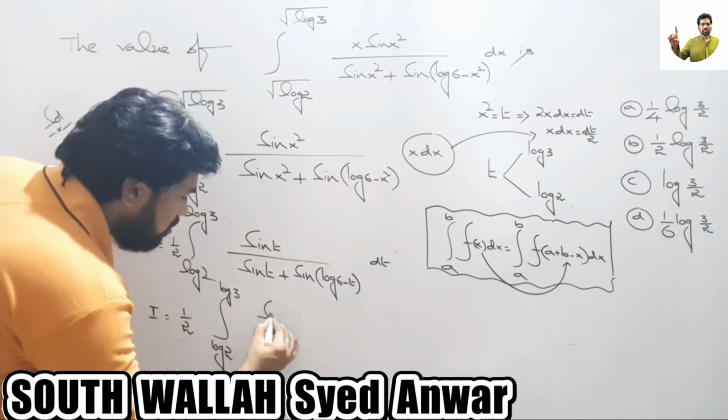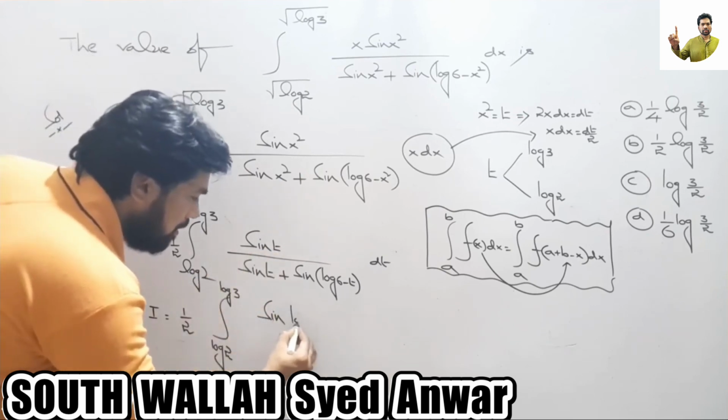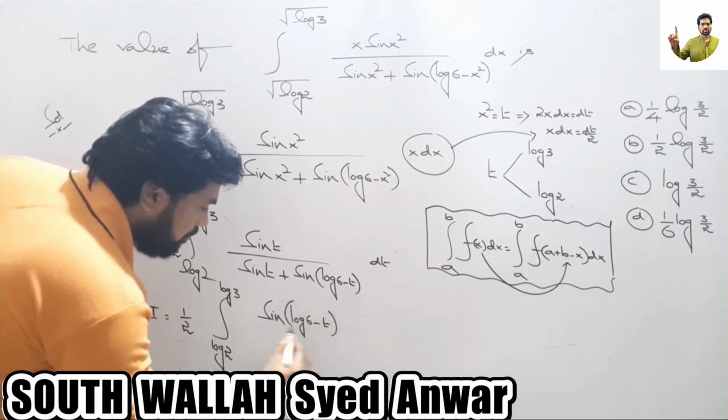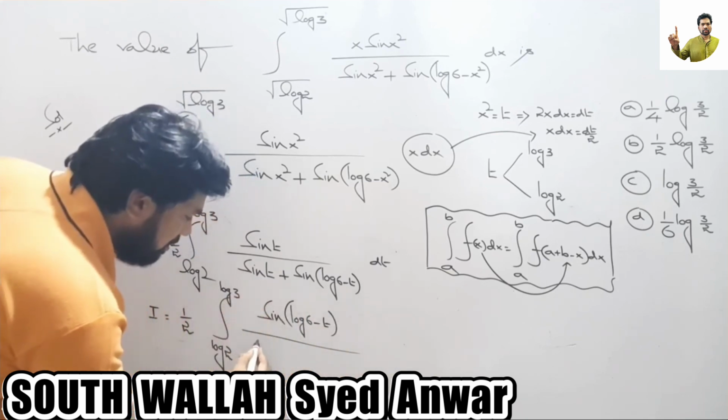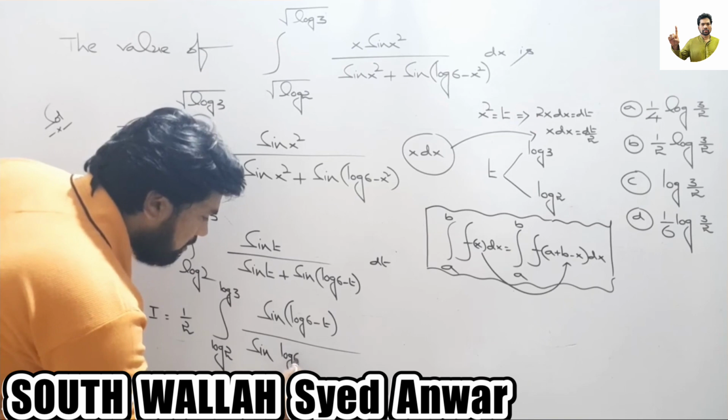So, directly I am going to write sin of log 6 minus t upon, again, sin of log 6 minus t plus sin of, in place of t, log 6 minus t.